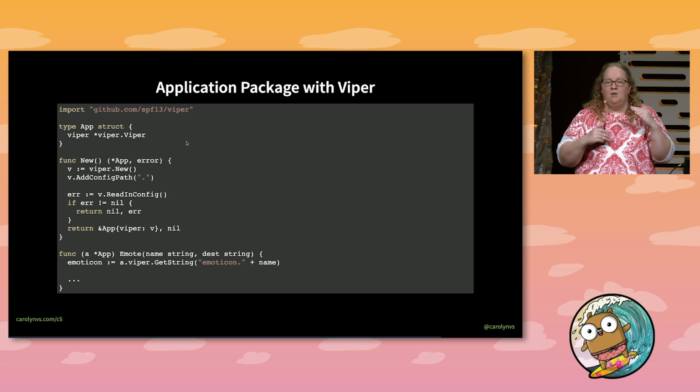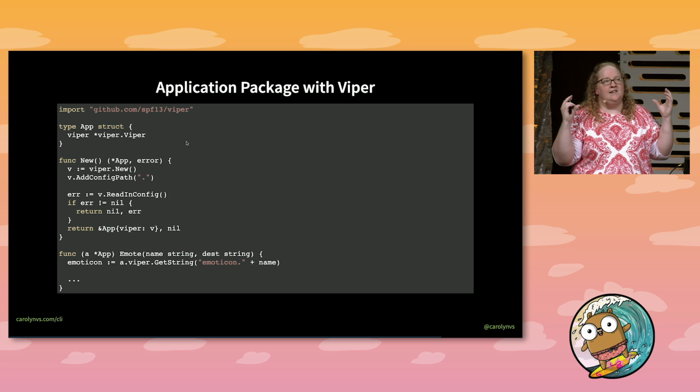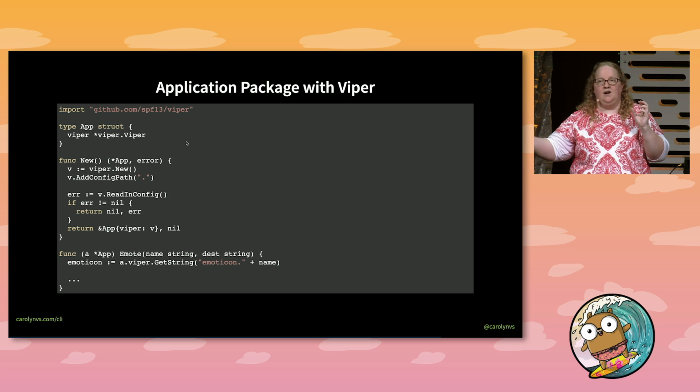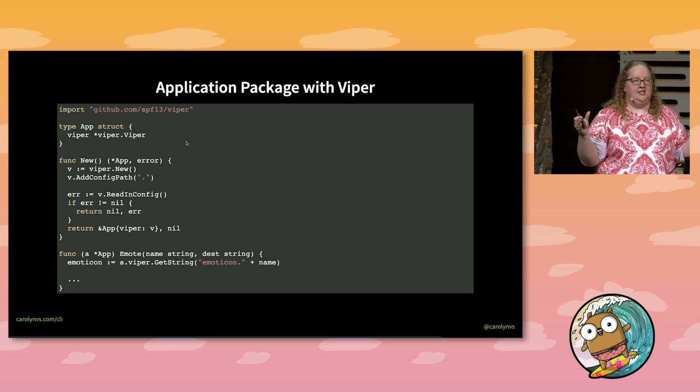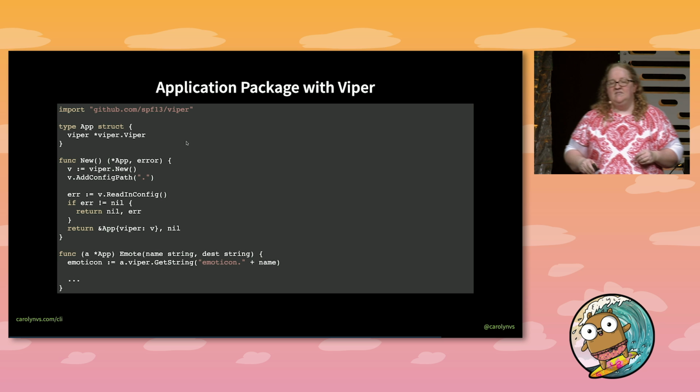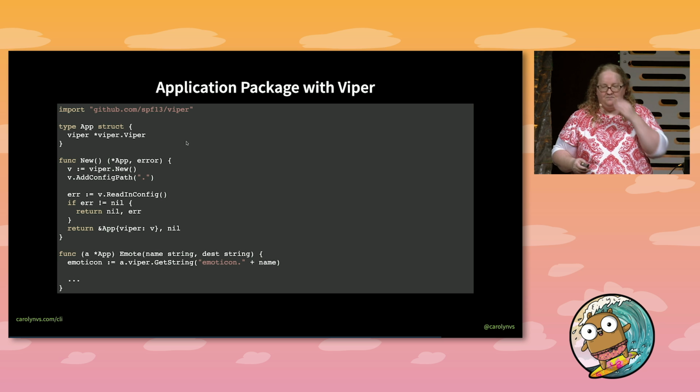And it looks for an emoticon named after whatever name I pass in. It goes, okay, I've looked up emoticon.shrug or emoticon.tableflip, and it finds the representation with that fun ASCII string blob. And that's what it prints out.